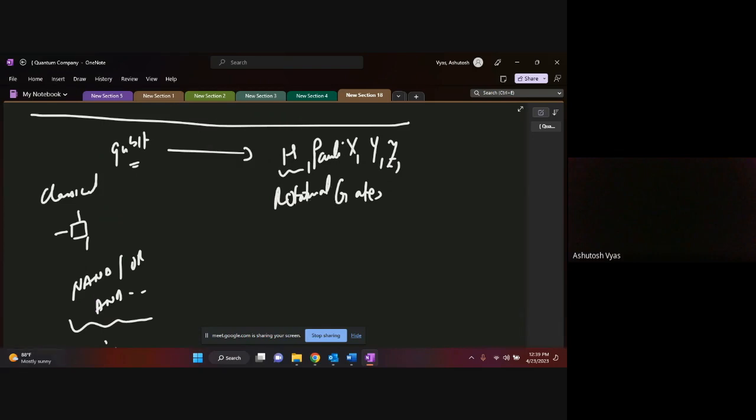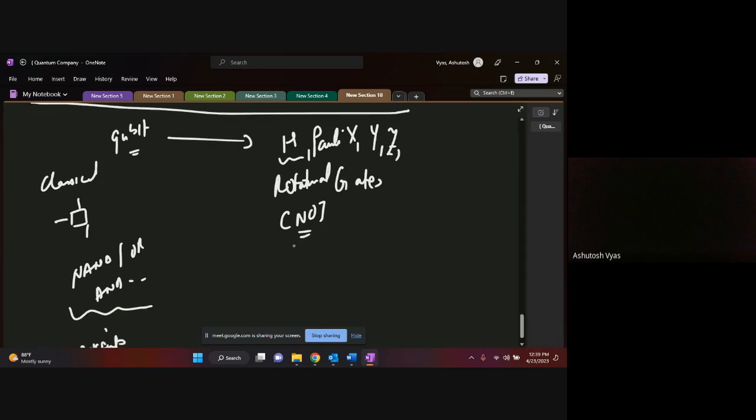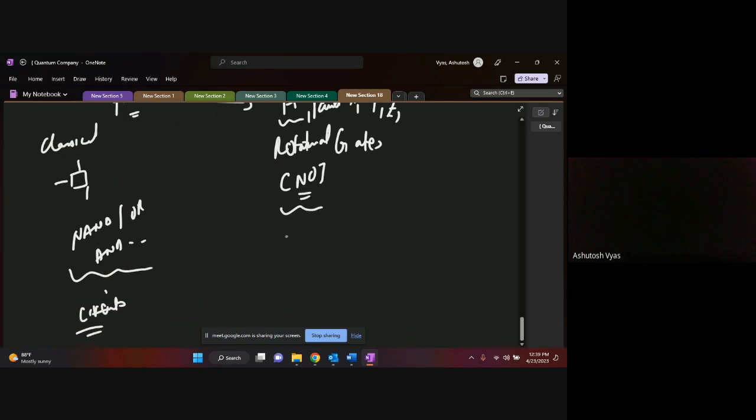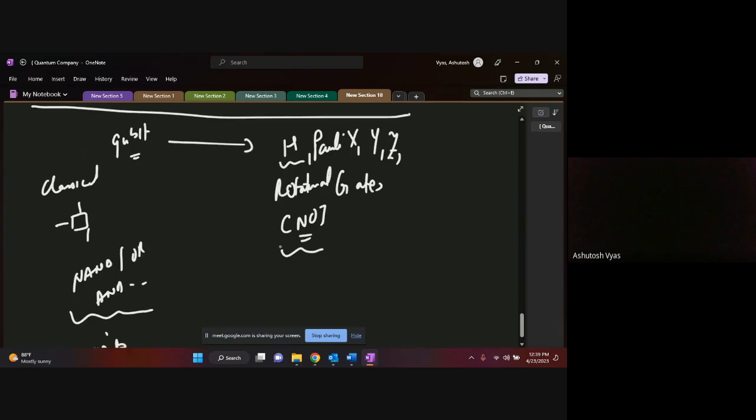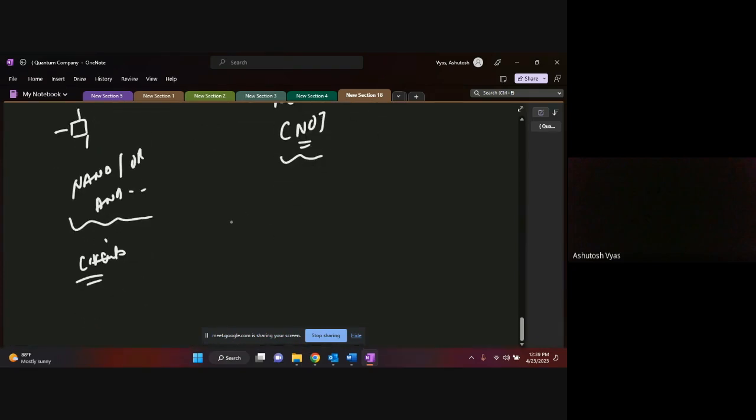And then there are gates like the CNOT gate, which is fundamentally used for information merging, and so on and so forth. So in quantum computing, these gates are used to design a circuit. I will just plot a small diagram for all of you, for the sake of understanding.